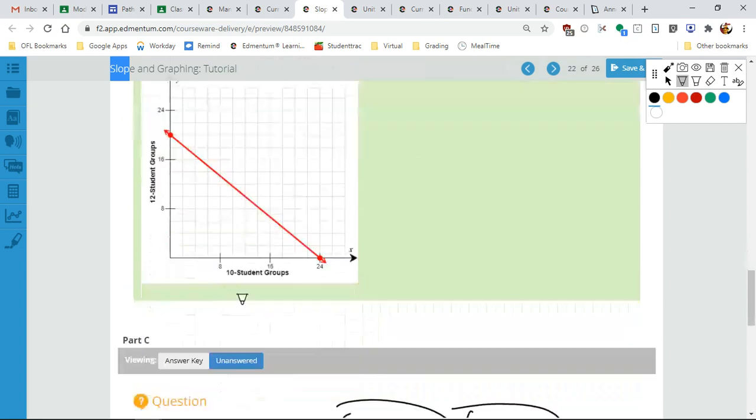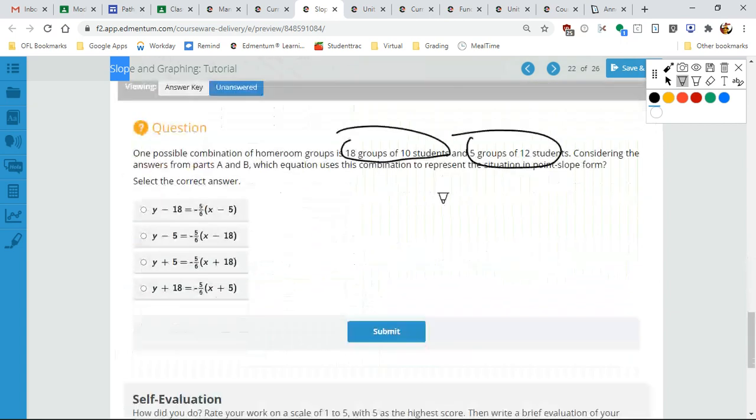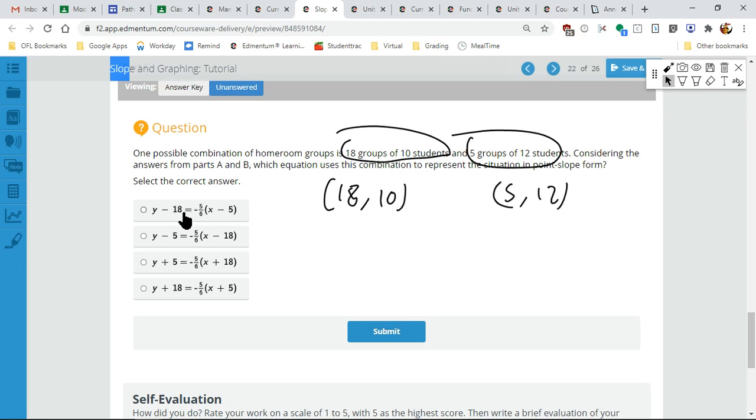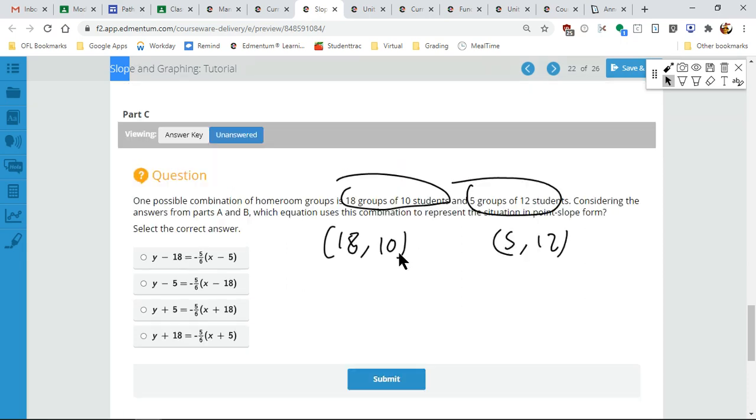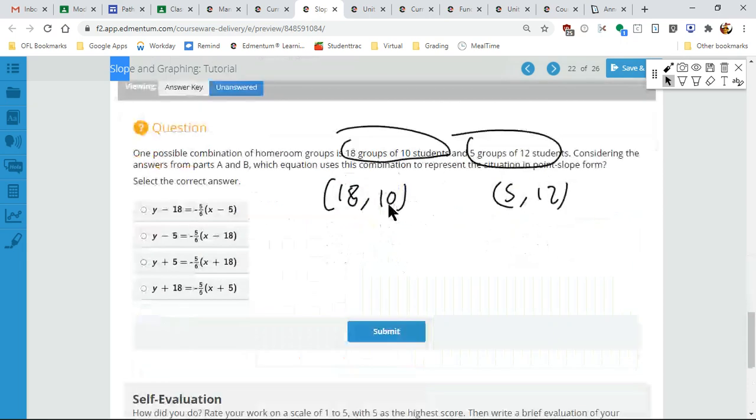If they want groups to be the x value, groups are our x. So we have 18, comma 10, and another combination is 5, comma 12. So one thing we can do is use this as our point, and we already have our slope. But even if you did that, you could find your slope. You're going to go up 2, you're going to go over negative 12, 13.